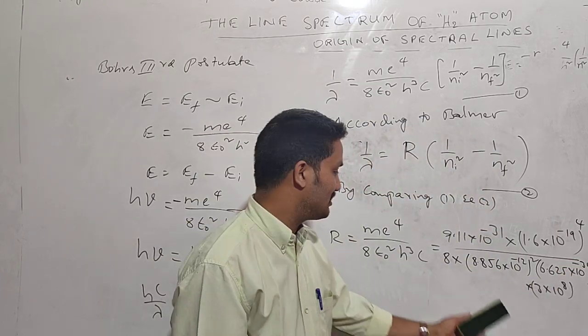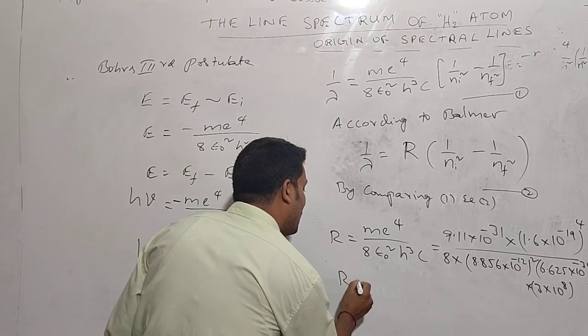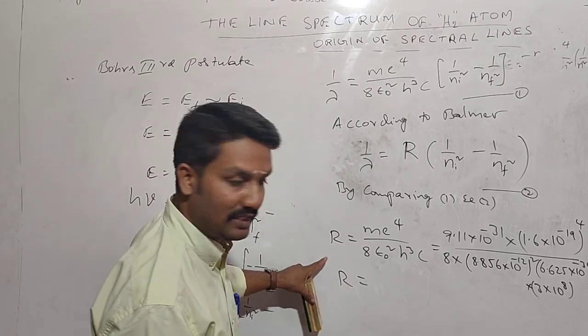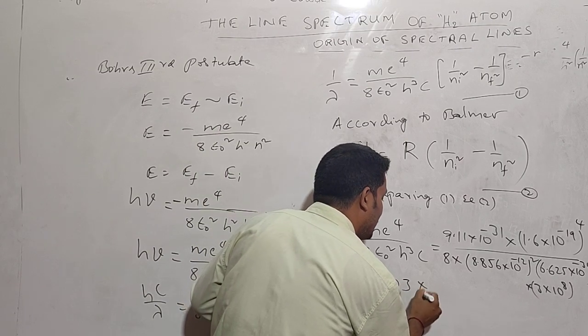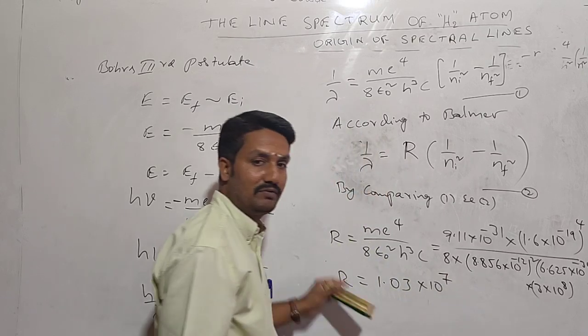If you substitute all these values, the R value we get is 1.03 × 10⁷.